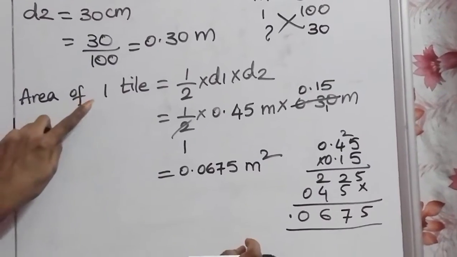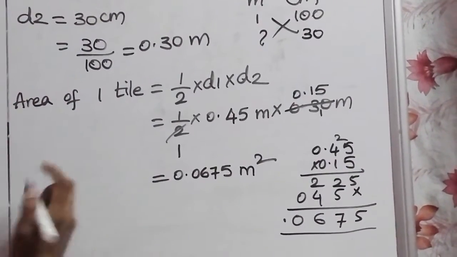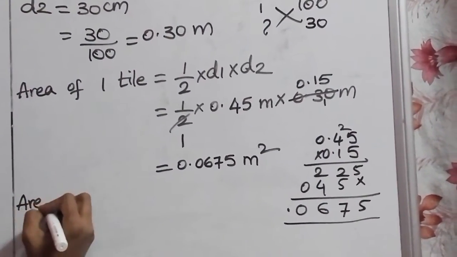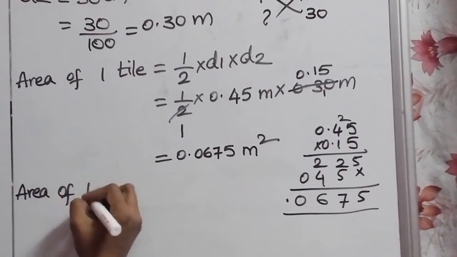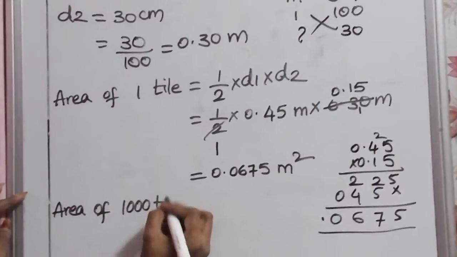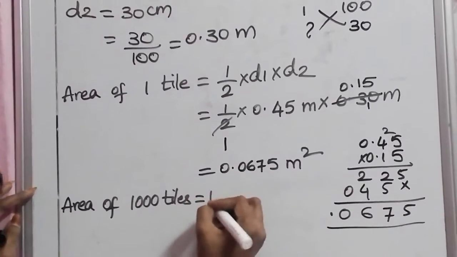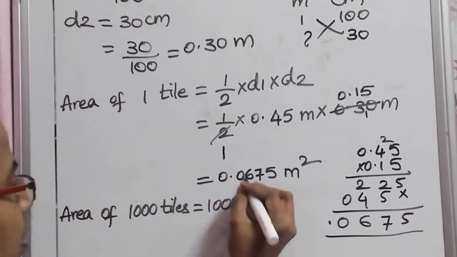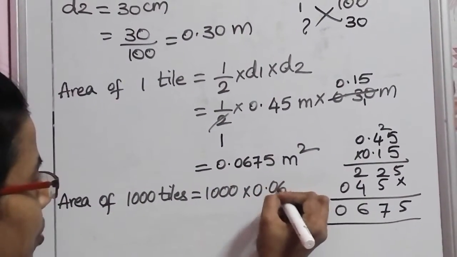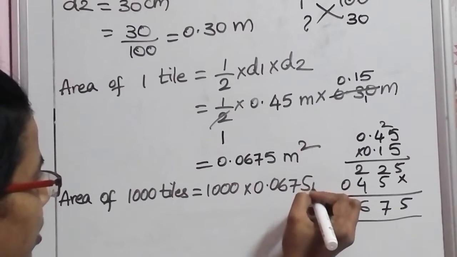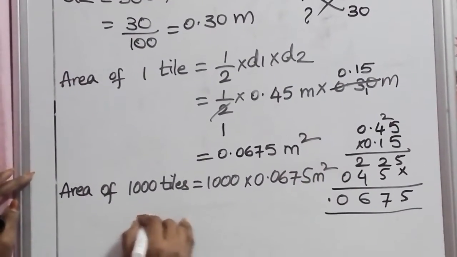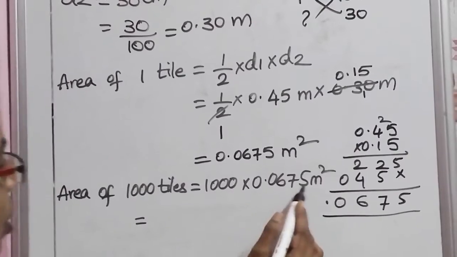So this is the area of one tile. Now you are going to find out the area of 1000 tiles. 1000 tiles, what you are going to do? 1000 into this number, 0.0675 square meters.